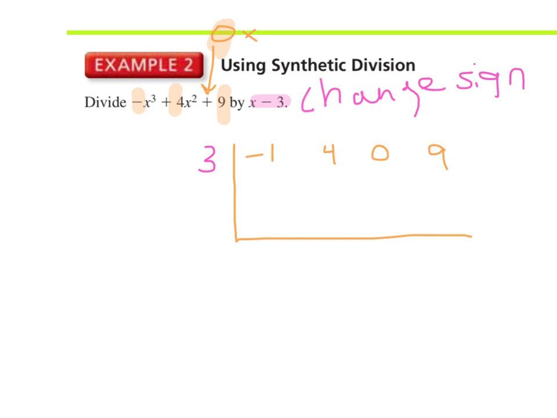Our first step here is to drop the first number down. So we have a -1 on the outside. Now we multiply the two numbers on the outside. What's 3 times -1? -3. So then we would put the result inside the box here, -3.